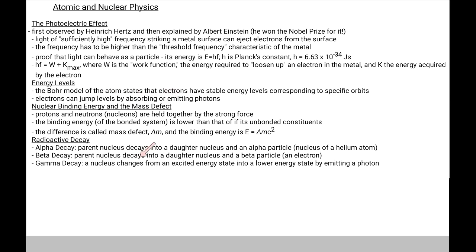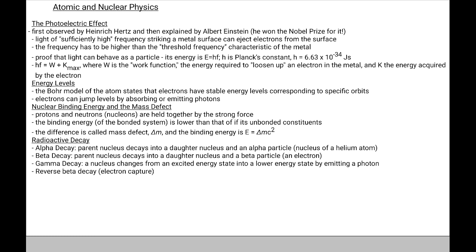So a nucleus changes from an excited state to a lower energy state, and the equation for this would be an excited parent particle is going to go to P. Z and A stay the same because a photon does not have any protons. The asterisk here means that we're starting out in an excited state, and then we're going to a lower energy state by emitting a photon.